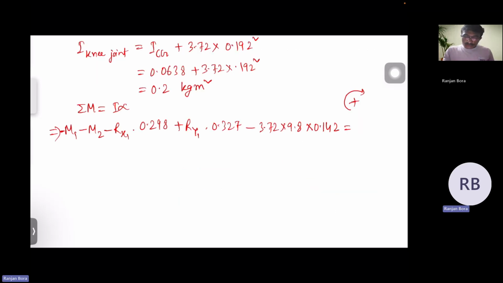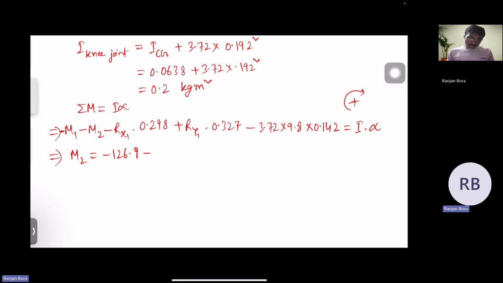This will be equal to I alpha. Now we need to find out moment M2. So I will take the M2 towards the right hand side. Minus M1. M1 is 126.9.